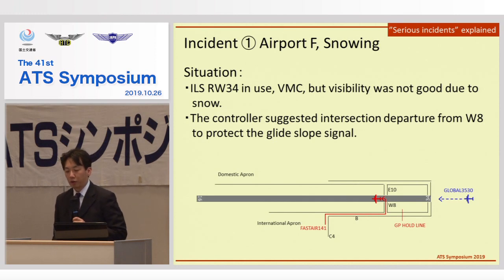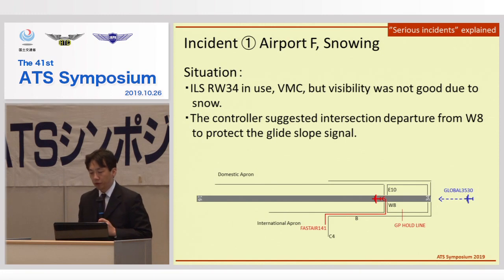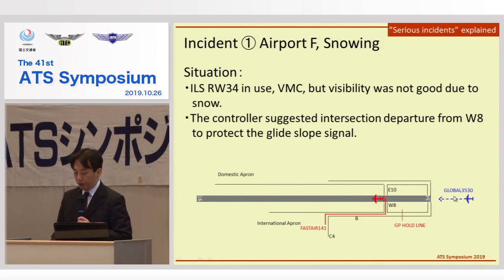The controller wanted First Air 141 to hold short of the runway, but First Air misunderstood the instruction and entered the runway. The arrival aircraft Global 3500, the blue one here, made a go-around at 300 feet.